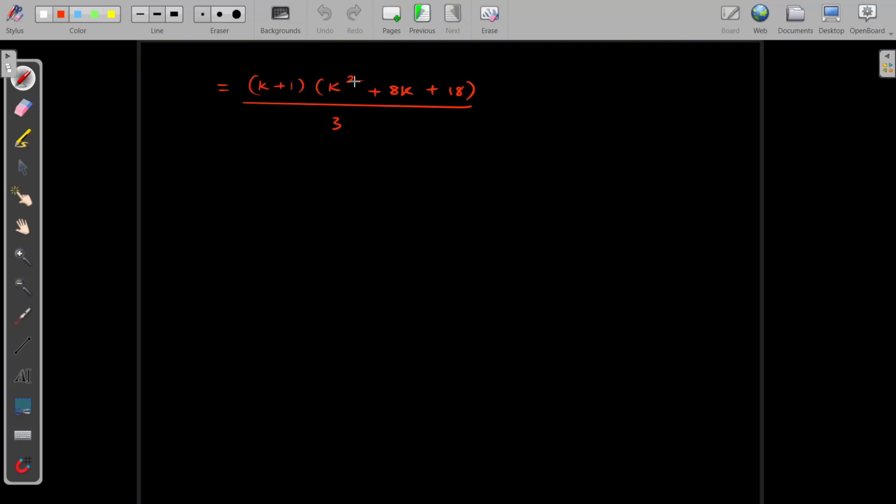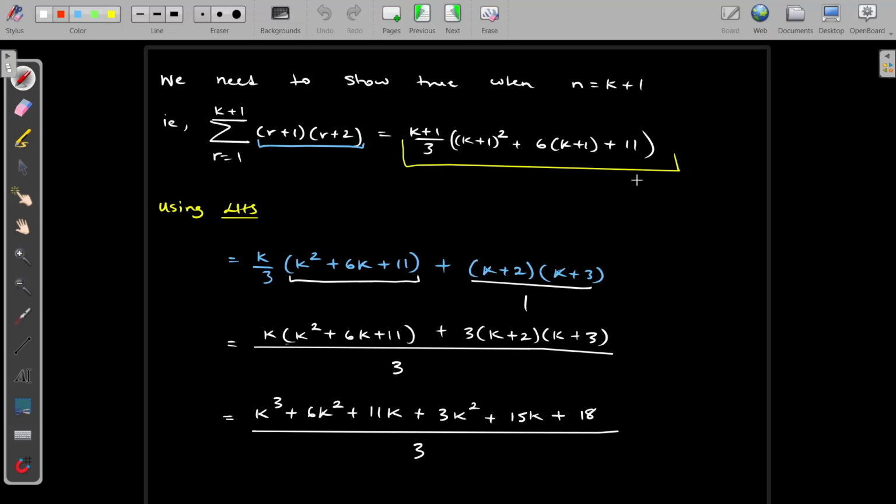And then this piece over here, can it be factorized? 6 and 3. 2 and 9. Alright, so it cannot be. So I guess we can expand the piece in the bracket, and once we expand it we should get the same thing.